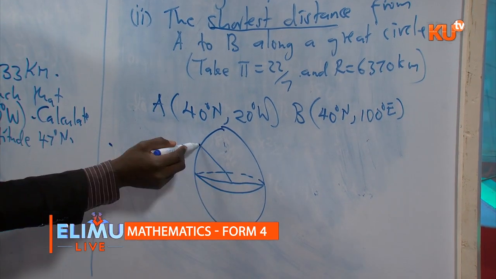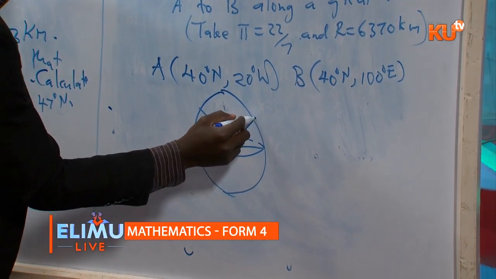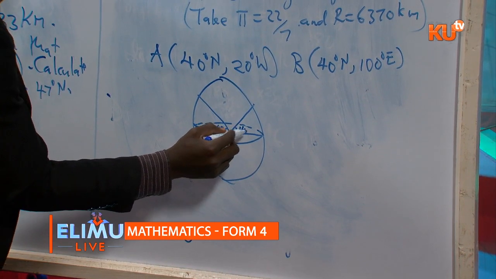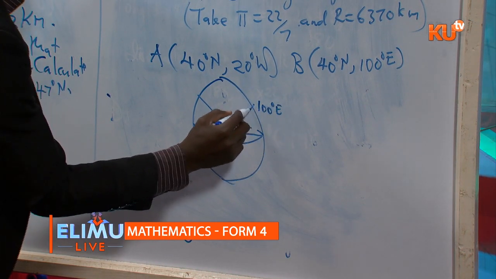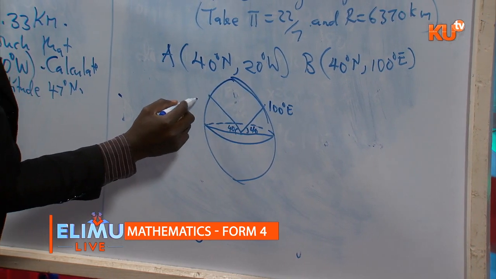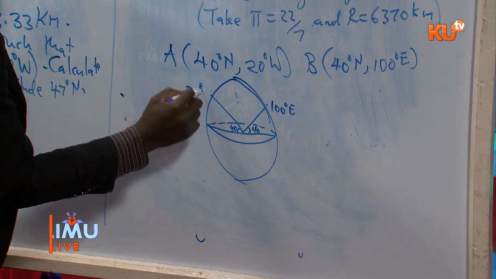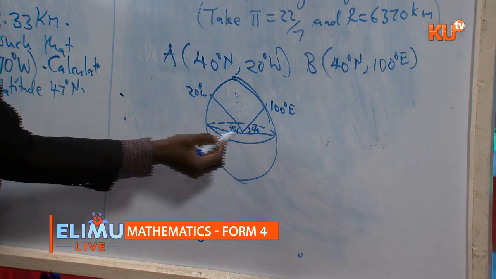So A will be somewhere here, because this is now 40. Then B is on this side. This is again 40. So this is now the longitude 100 degrees east. Then this one is the longitude of 20 degrees west. So if this is 40 and this is 40, this is a straight line.